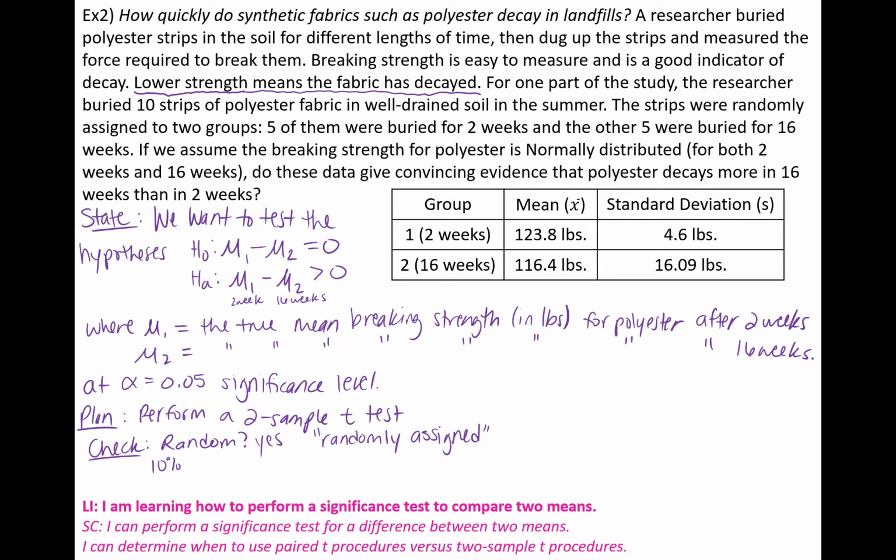So the overall thing, though, is we're talking about polyester strips. So polyester in general. And so this one, for our 10% condition, we actually don't really have a condition to check, because we would say this is essentially infinite.